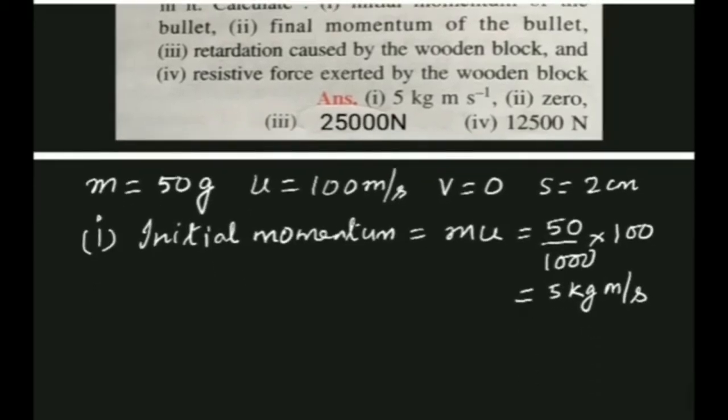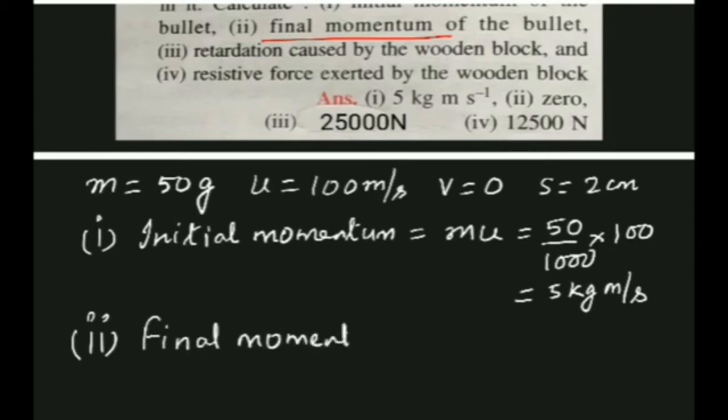Now in the second part, what they are asking is final momentum. So final momentum equals m into v. So m into 0. No need to put the value of m here because ultimately your answer will come 0. So 0 kg meter per second.